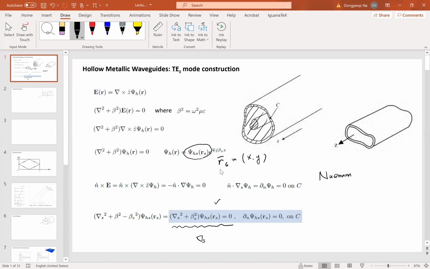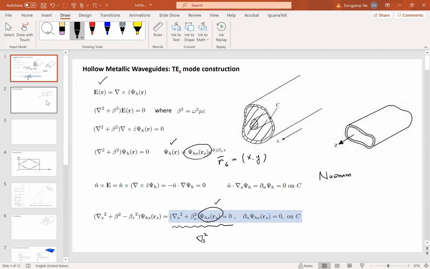The Laplacian operator sub S means the Laplacian operator over this cross section, the transverse plane. If we know this function, then we can know the scalar field, and eventually the electric field solution. Then the magnetic field solution can be obtained by using Maxwell's equation.